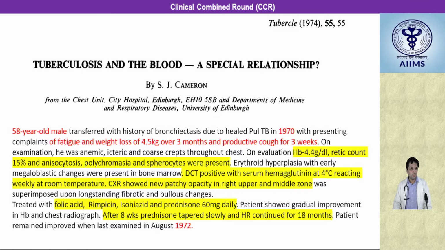They started the patient on folic acid, rifampicin, isoniazid, and prednisolone 60 mg, and the patient showed gradual improvement. After 8 weeks, they started tapering the dose, and treatment continued for 18 months. They followed up the patient up to 2.5 years after starting treatment, and he remained improved when last examined in August 1972.